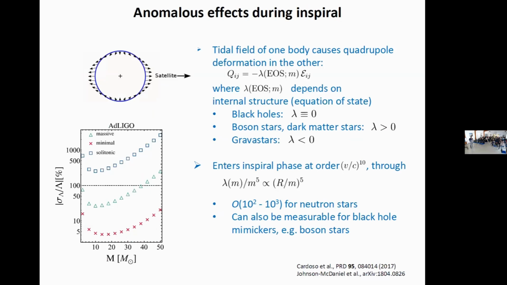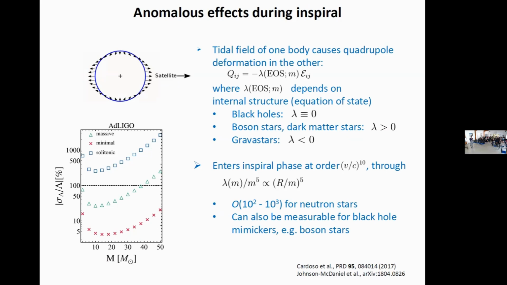So what could be an anomalous effect during inspiral? Well, here we can take a cue from neutron stars. As they get closer to each other, they tidally deform each other, and a quadrupole effect is induced in each of the two stars because of the tidal field of the other.